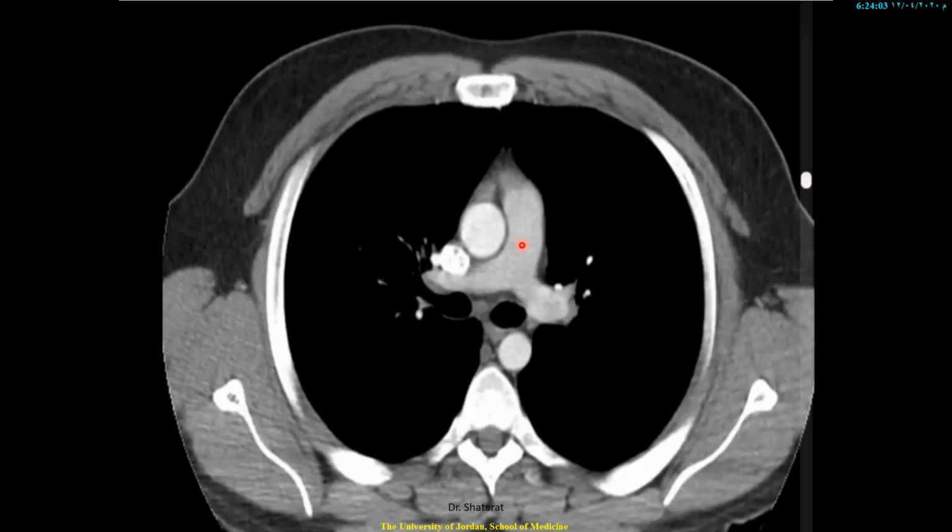If this is the pulmonary trunk, which is on the left side of the ascending aorta, okay, then this is the superior vena cava, which is on the right. And here you can easily see the right pulmonary artery behind the ascending aorta.